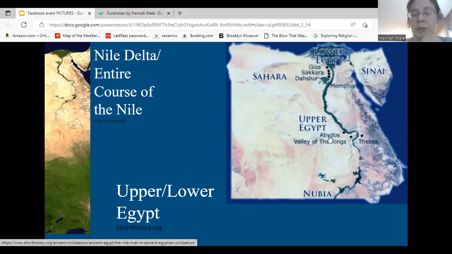And then you have the site of Abydos. Abydos was a royal burial ground in the early dynastic periods. That's where it first comes to prominence. And then when you get to the Middle Kingdom and what's called the democratization of the afterlife, there's non-royal activity on the site as well.